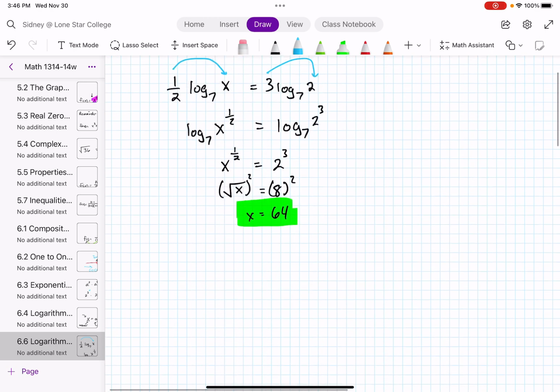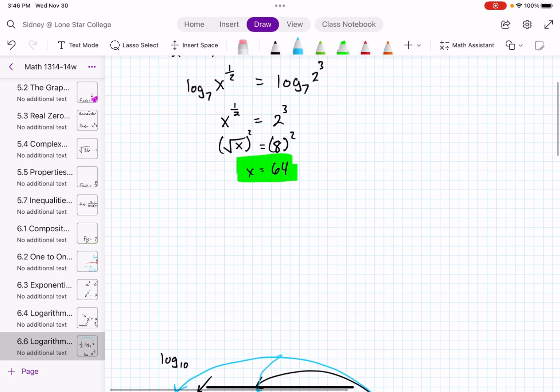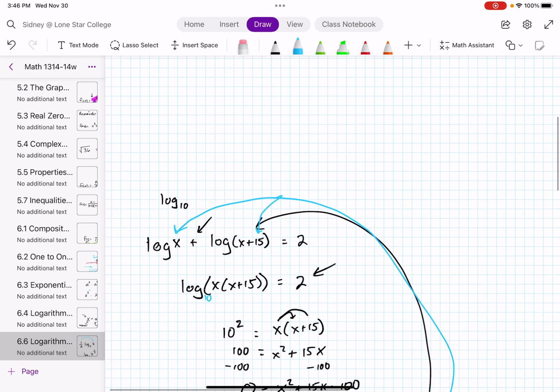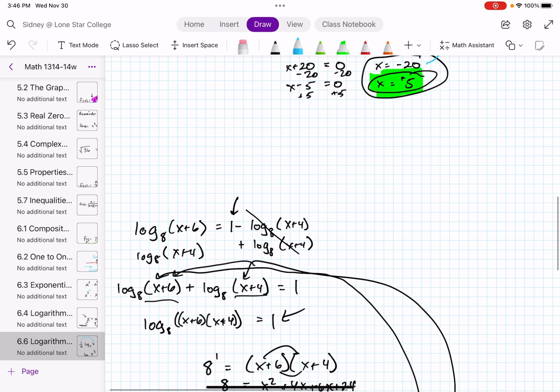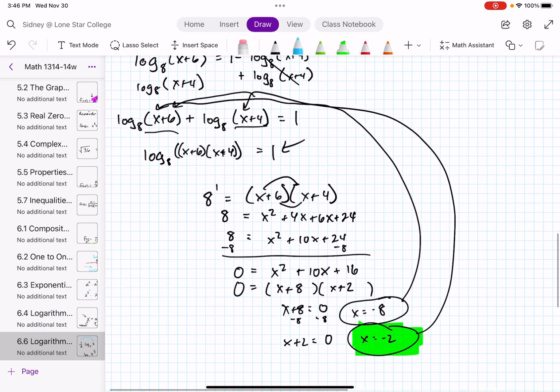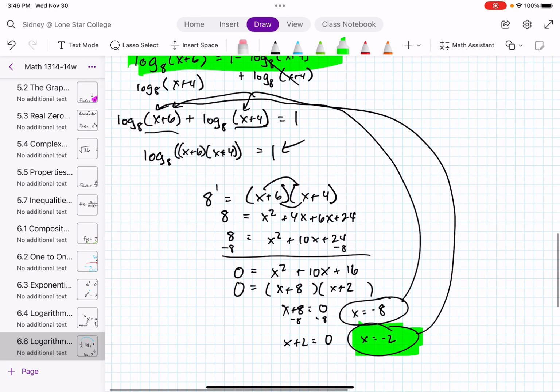So one, you need to use your log properties to simplify these. A lot of times it will involve switching back into exponential form. And you've got to pay attention to your answers. Do your answers make sense? Are they in the domain of the original problem? For this one right here, x equals negative 8 is not part of the solution because it is not in the domain of that function, but x equals negative 2 is.